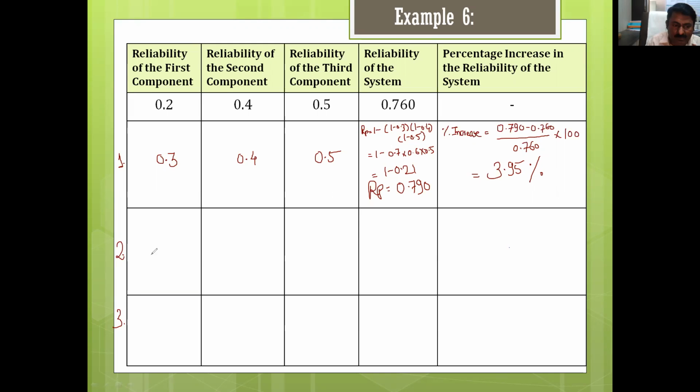Friends, what is case number 2? So I will say here, 0.3 constant, 0.5 constant, 0.4 will become 0.5, and here first constant, second constant, third will change.